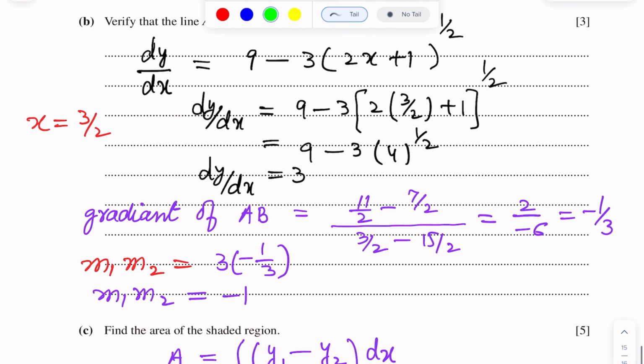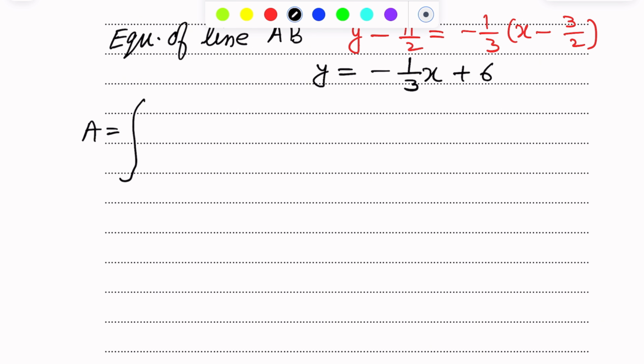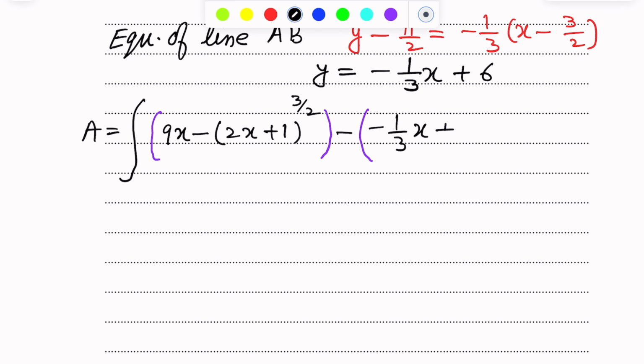So it will become 9x minus (2x plus 1) power 3 over 2, this is y2, minus y1. Y1 is the equation of this line, minus 1 over 3 x plus 6.